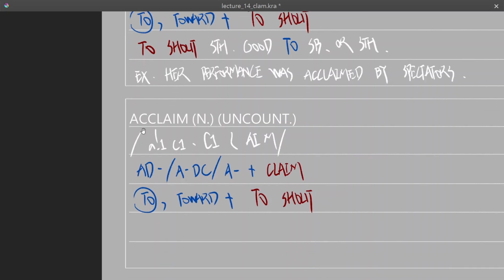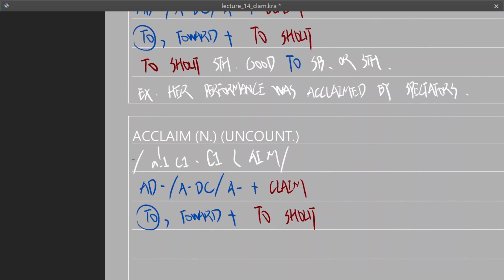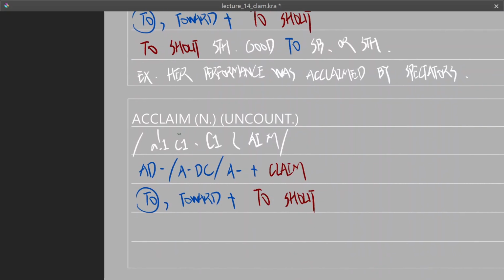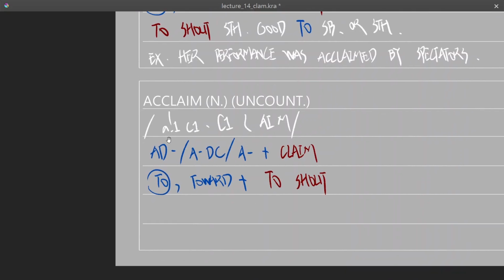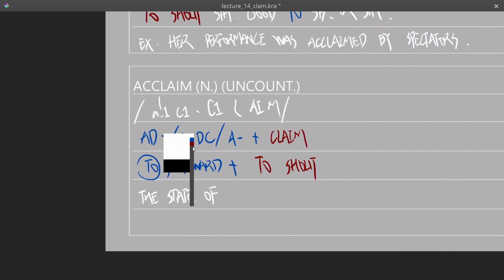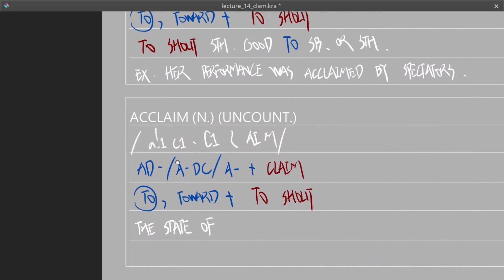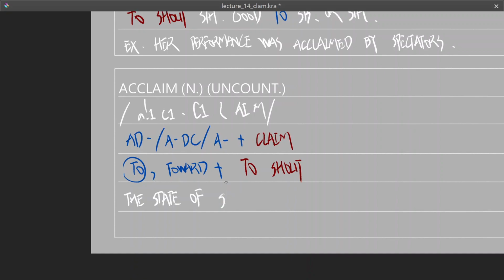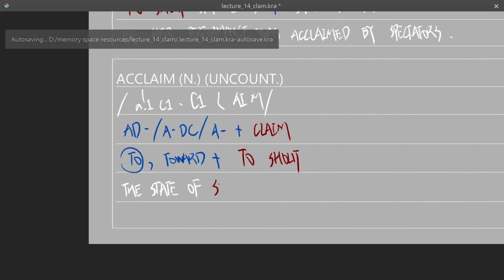As a noun, it means the act or the state of shouting.